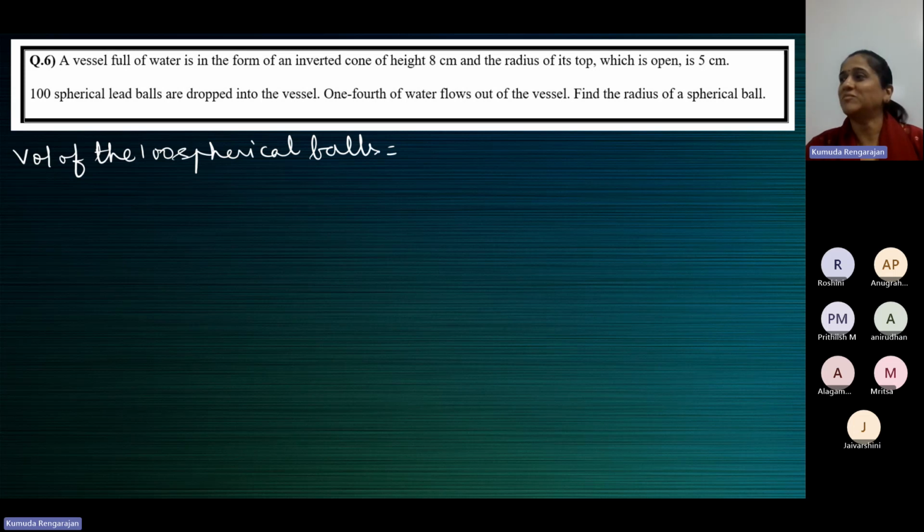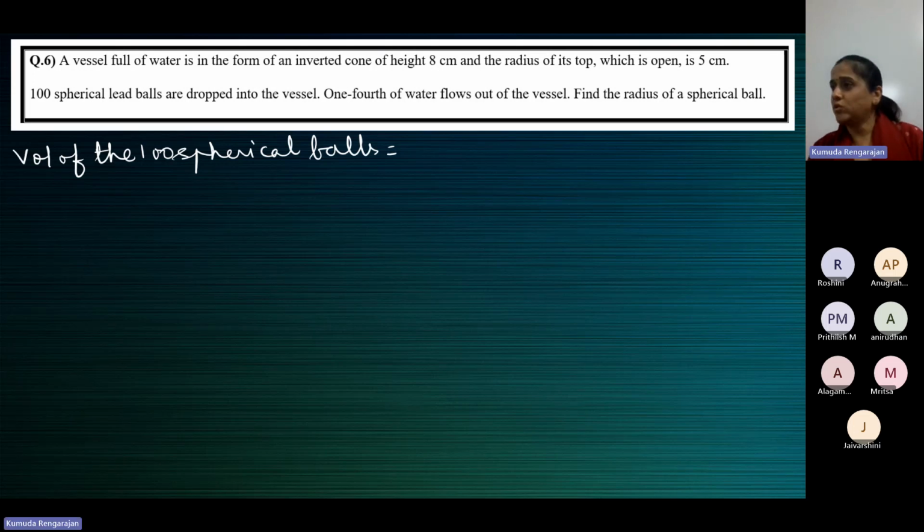Correct. Is equal to the volume of water that flows out of the vessel. You thought the same, you didn't share it with me. So volume of the 100 spherical balls is equal to volume of the water that flows out.